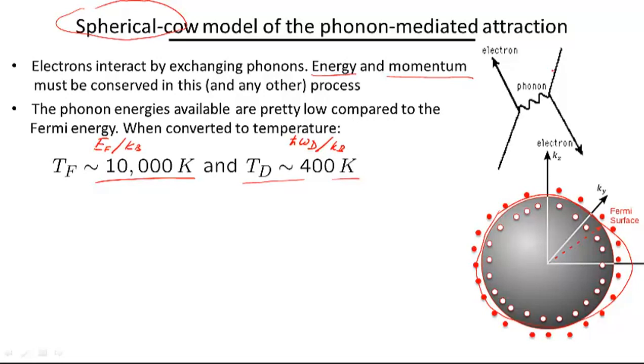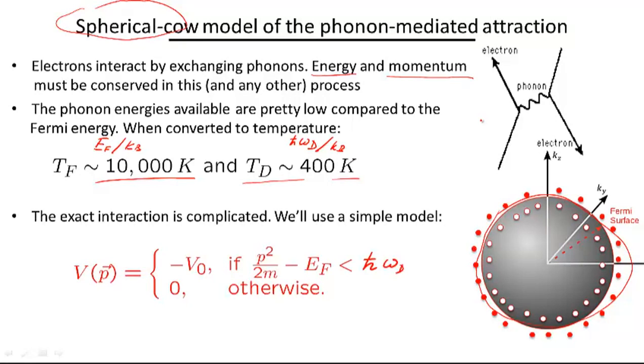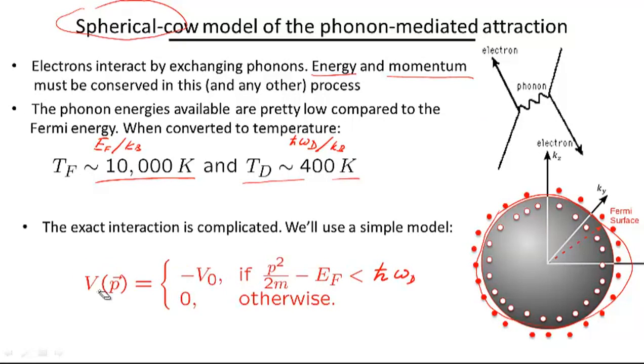And this puts certain constraints on the possible momenta and energies of the electrons that may experience this sort of process. The simplest version of the interaction which takes this into account is presented here. This is an equation for a momentum-dependent interaction between the 2 electrons, V of p.